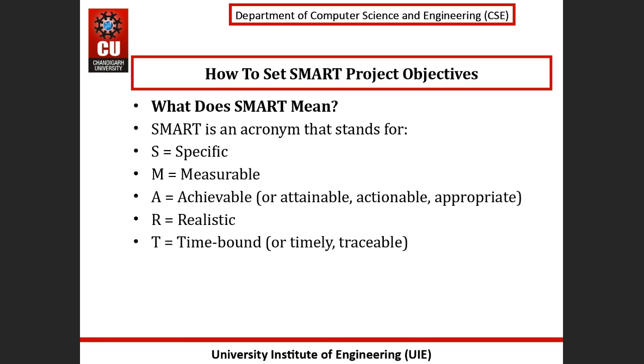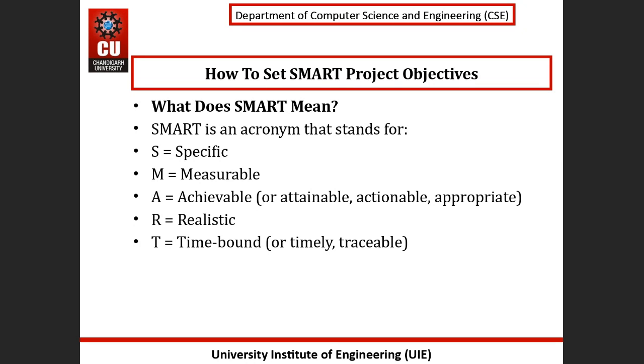So achievable, it must be within the power of an individual or group to achieve the objective. Next is realistic, that can be relevant. So the objective must be relevant to the true purpose of the project. That is realistic.